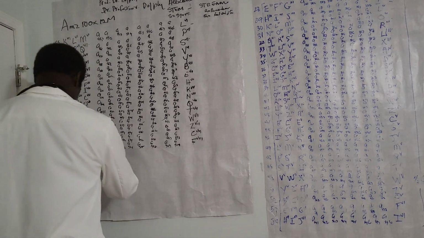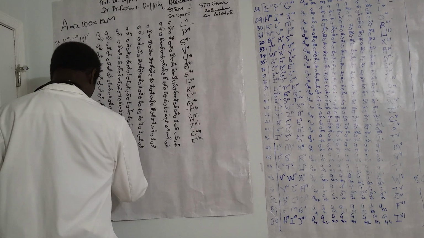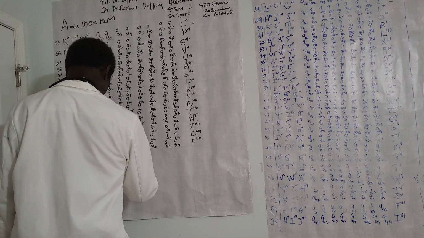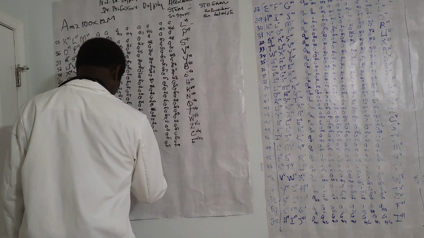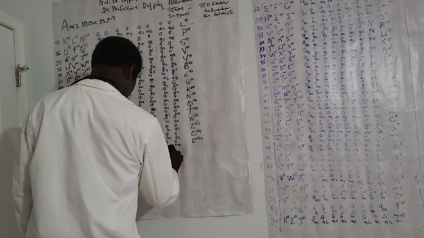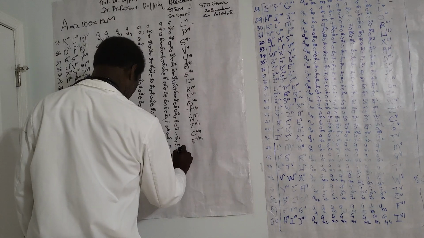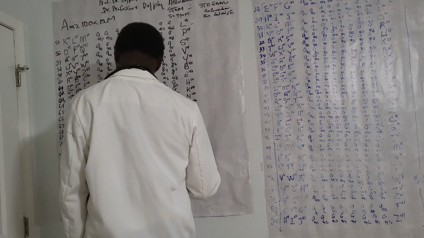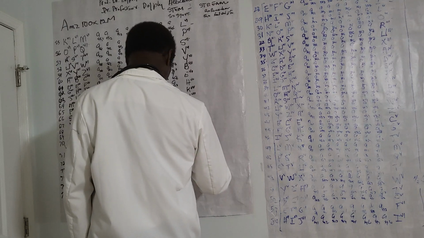And so we have now A71-1, A71-2, A71-3, A71-4, A71-5, A71-6, A71-7, A71-8. And we have now I, V3I.